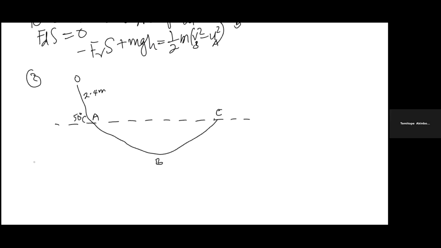A particle P of mass 0.8 kilogram is released from rest at O and moves on the surface.